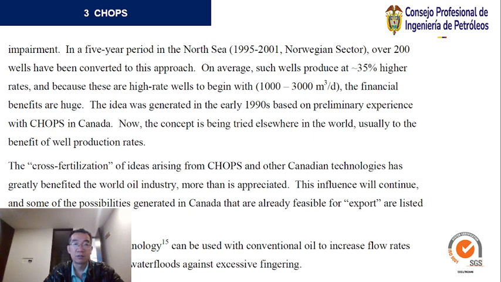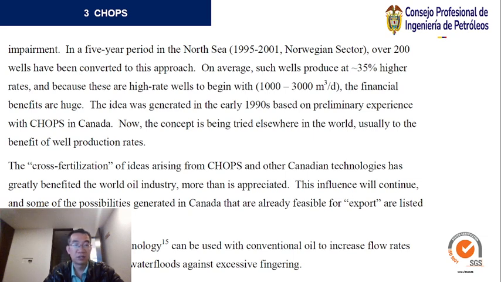The idea was generated in the early 1990s based on preliminary experience with CHOPS in Canada. Now the concept is being tried elsewhere in the world, usually to the benefit of their production rates.